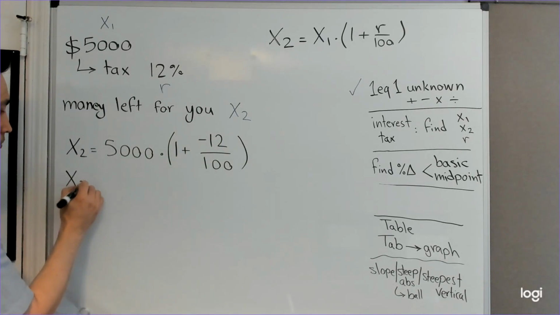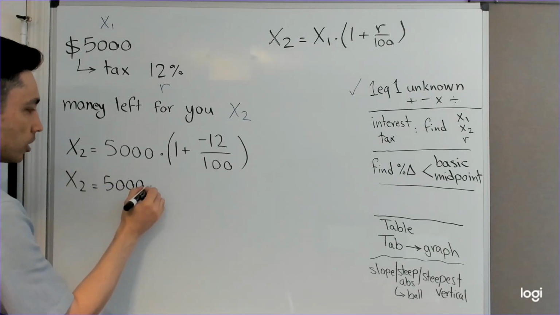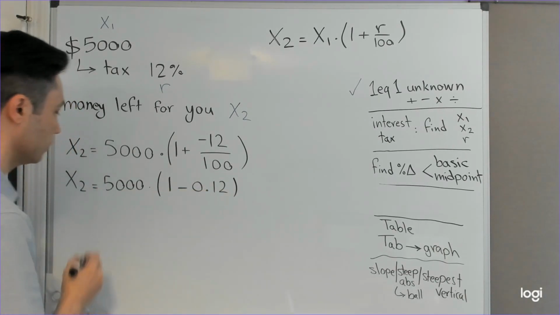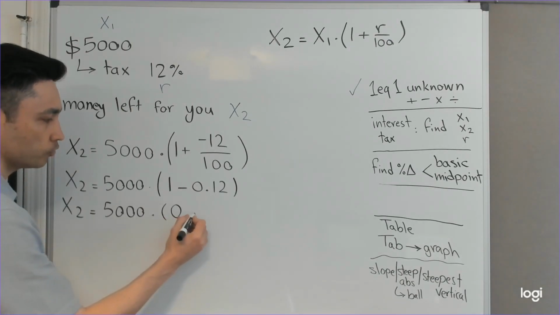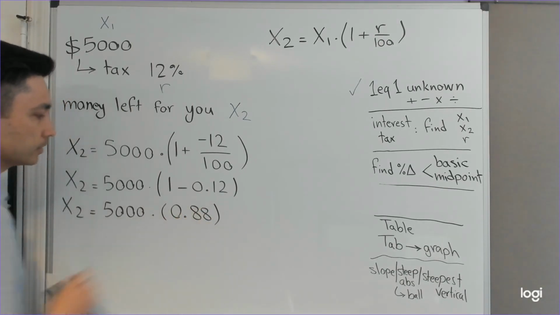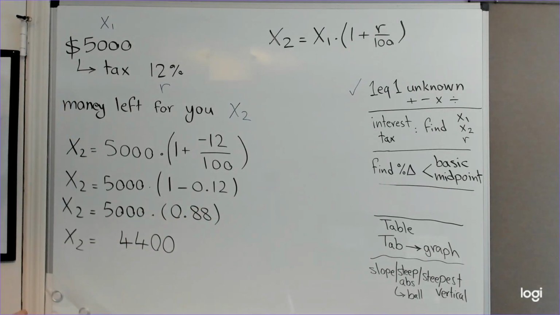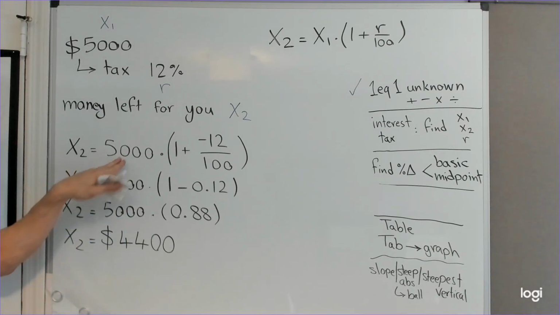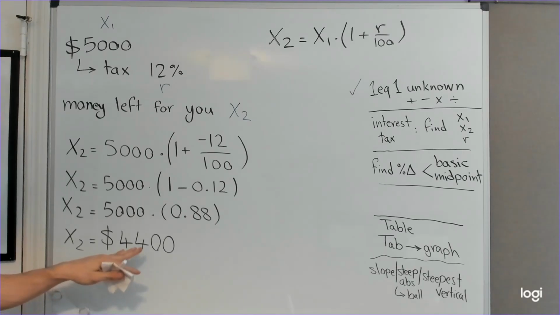So x2 is 5,000 times 1 minus 0.12, which is 0.88. Answer is 4,400. So you're left with $4,400 off of your original $5,000 because you gave the government the rest. Now if you compare the two numbers, 5,000 and 4,400, you realize you paid the government $600.